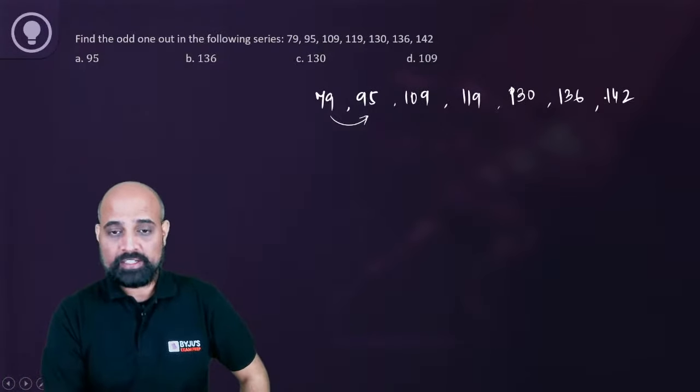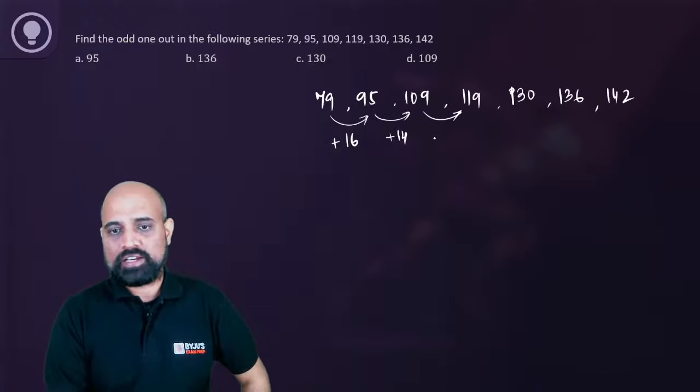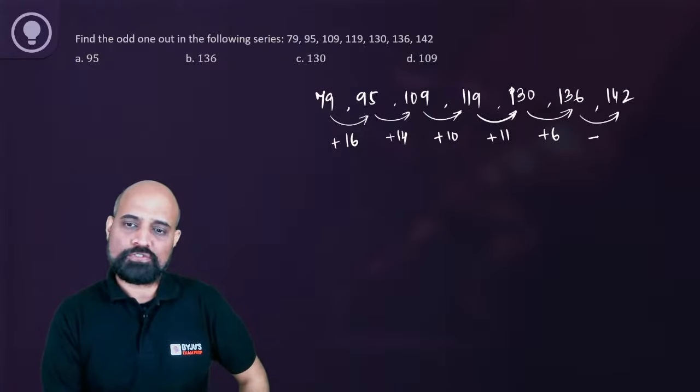Check karte hain, right? 79 to 95, this is a jump of 16. 95 to 109, this is a jump of 14. 109 to 119, this is a jump of 10. 119 to 130, this is a jump of 11. 130 to 136, this is a jump of 6. And 136 to 142, this is a jump of another 6.